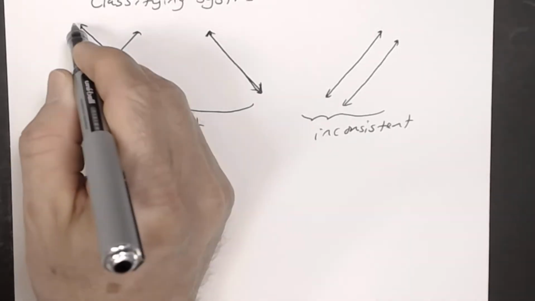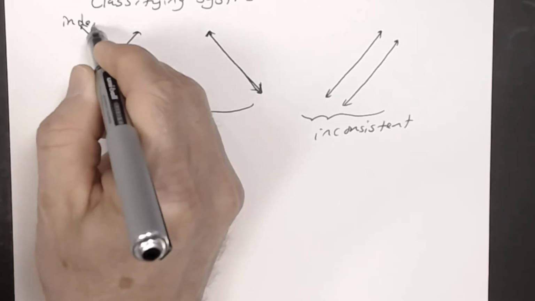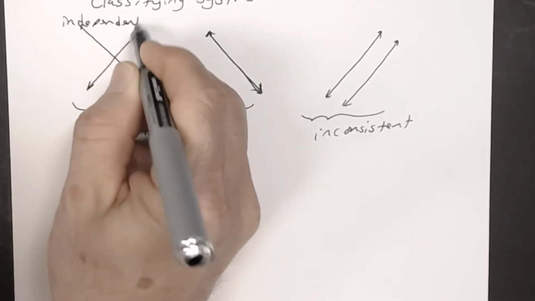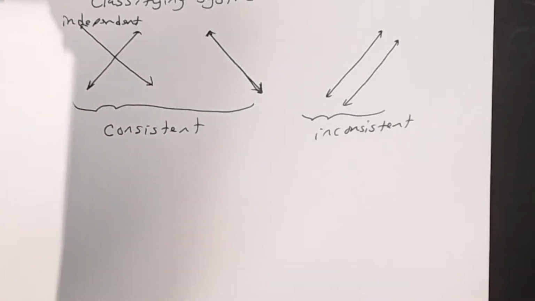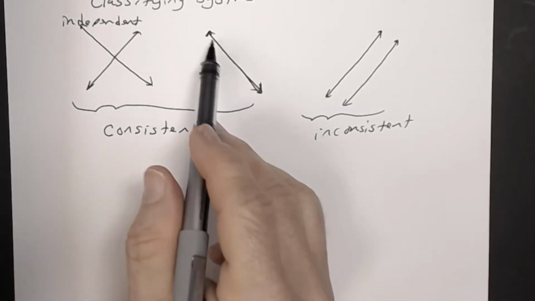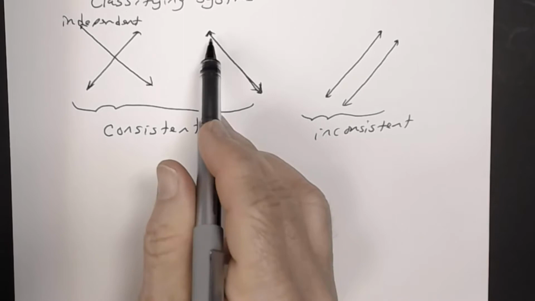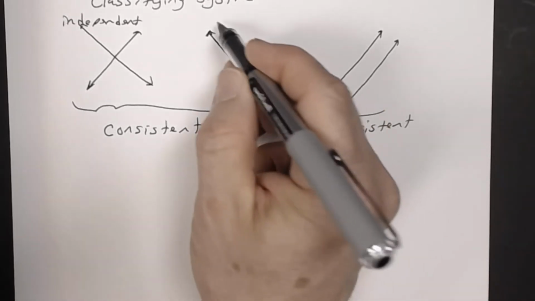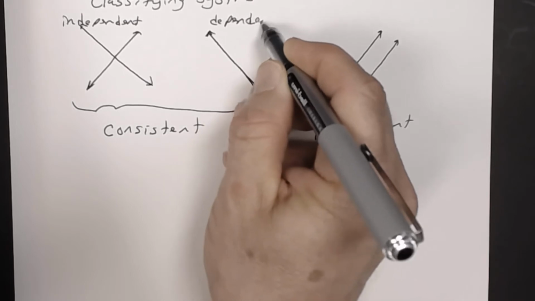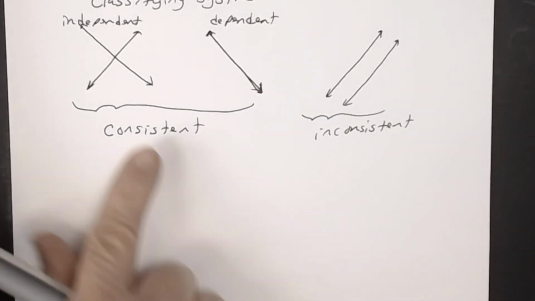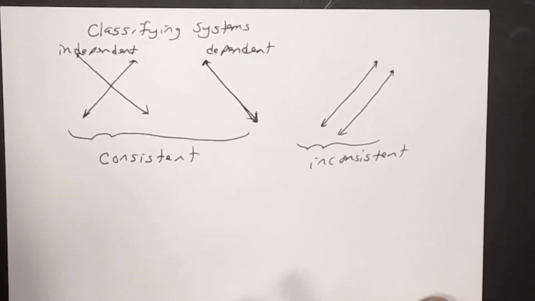So this would be independent. Okay? And if the lines overlap, they're considered dependent. All right, so we're going to talk about that a little bit further.